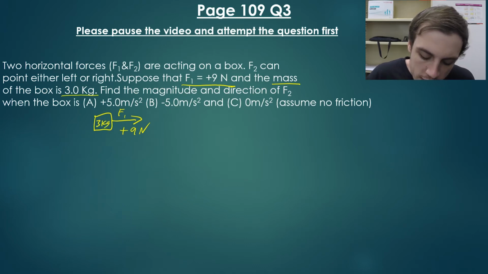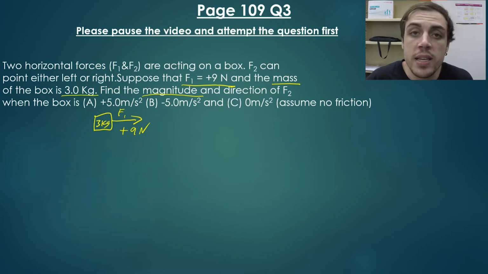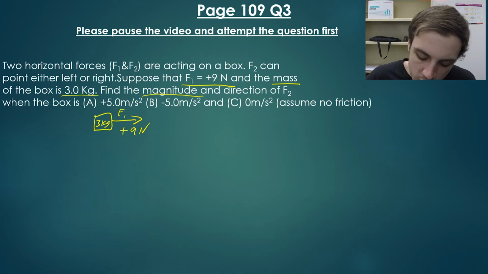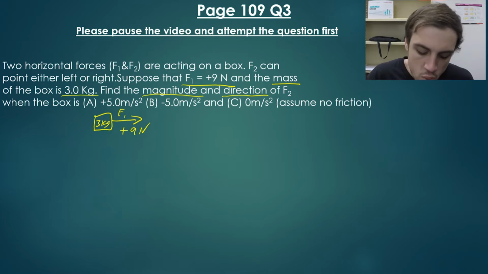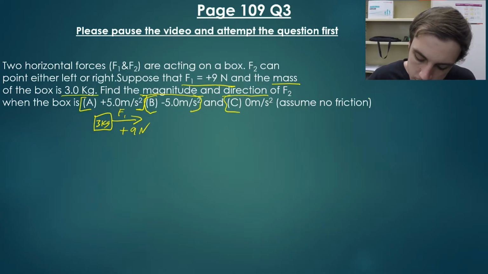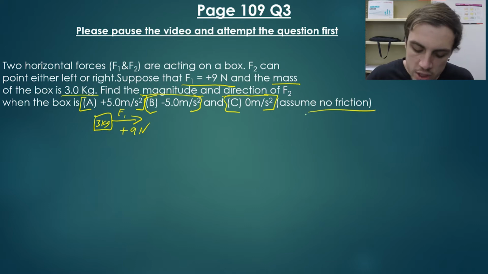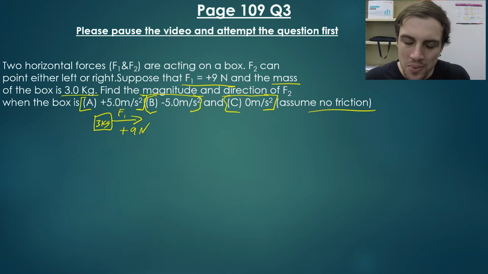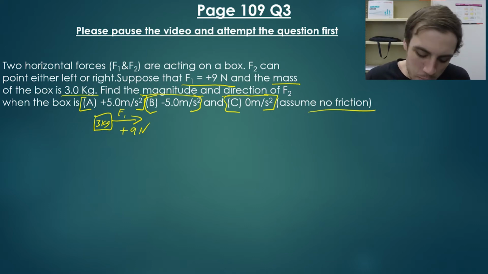Find the magnitude, and remember, that just means how much, and the direction of F2 when the box is moving at 5 meters per second squared. So let's look at A, B, and C. We're going to assume no friction throughout this entire question, so we don't unnecessarily complicate things.